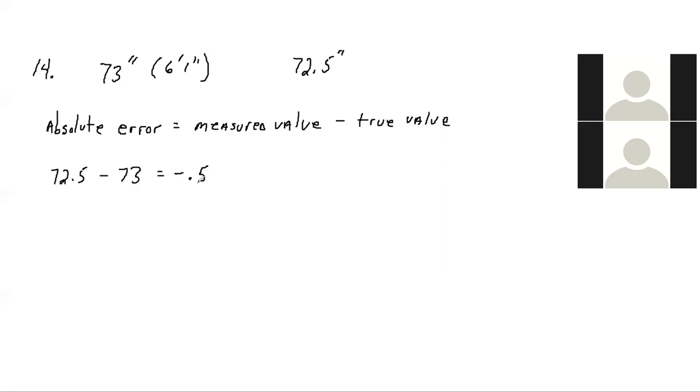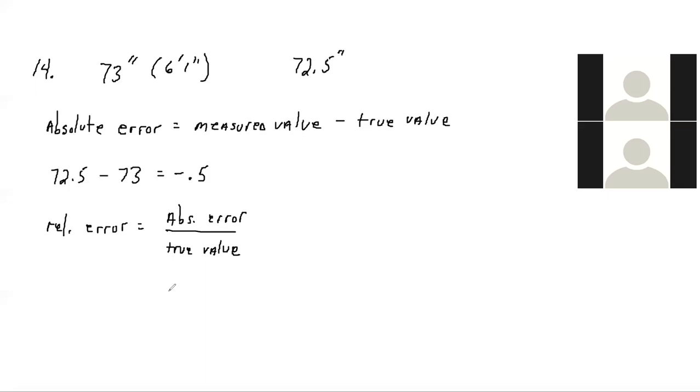Now, your relative error, which I'm going to abbreviate REL, is always going to be your absolute error divided by your true value. Or basically, measured value minus true value divided by true value.